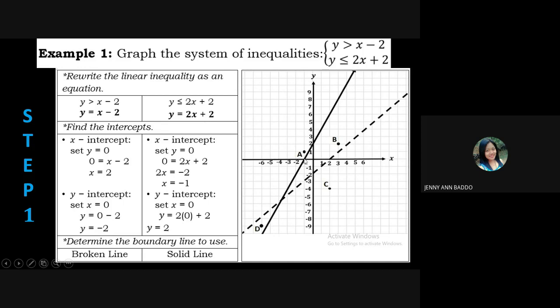Negative 1 is here on the x-axis. And y equals 2 is above 0 on the y-axis. So connecting those 2 points, we have here a solid line because the given inequality symbol is less than or equal to. So we now have this boundary line.